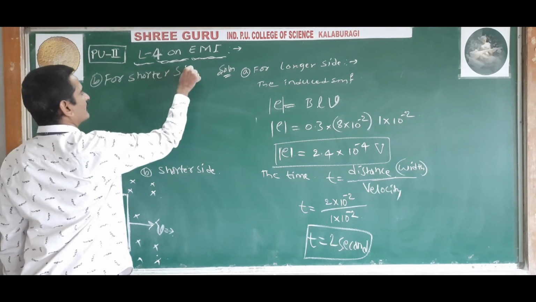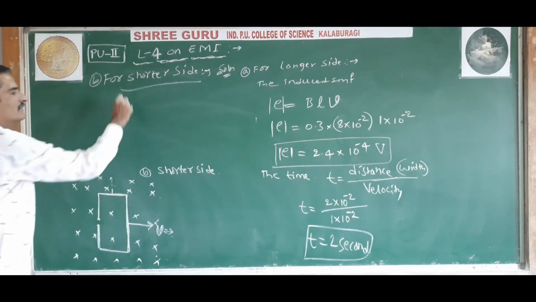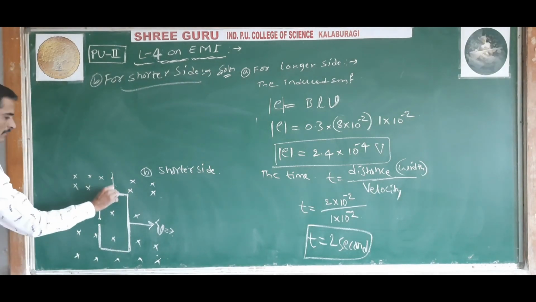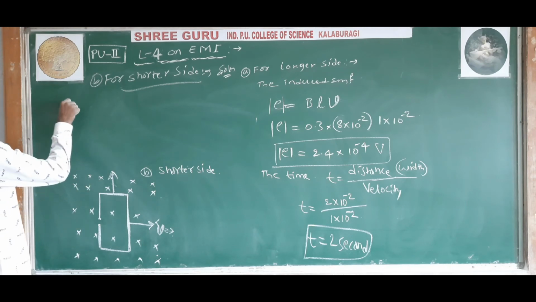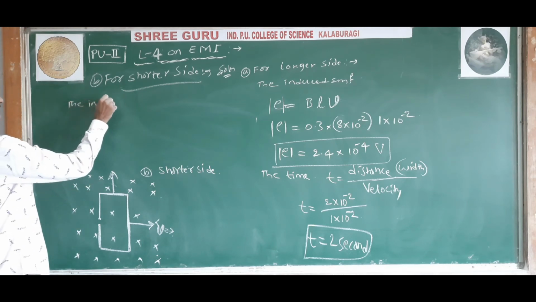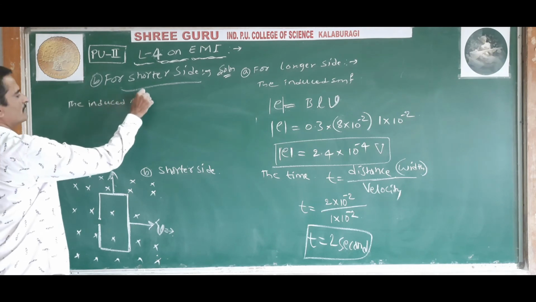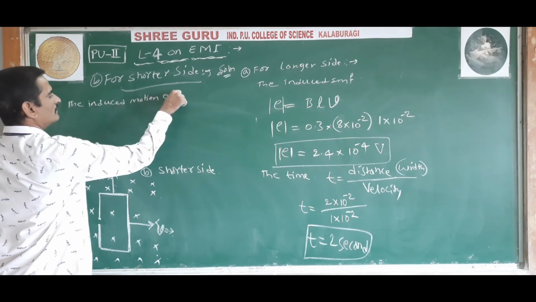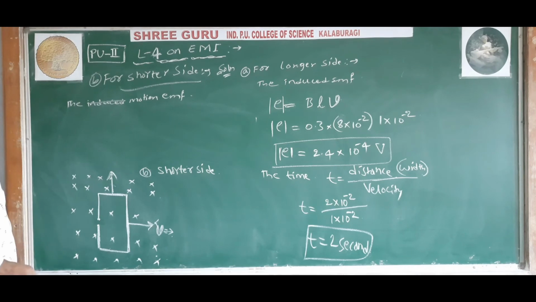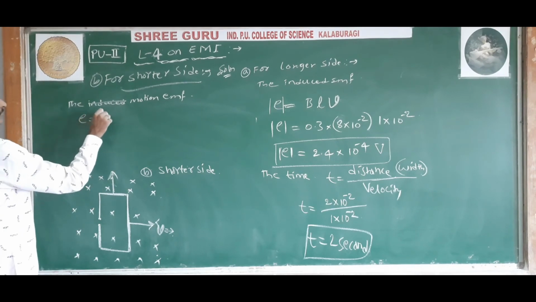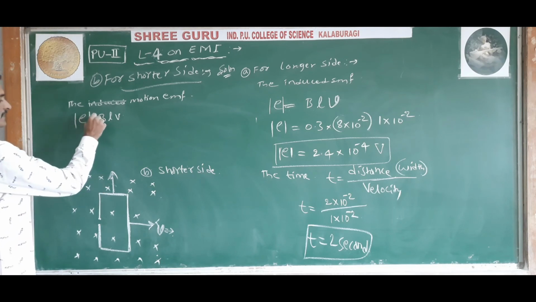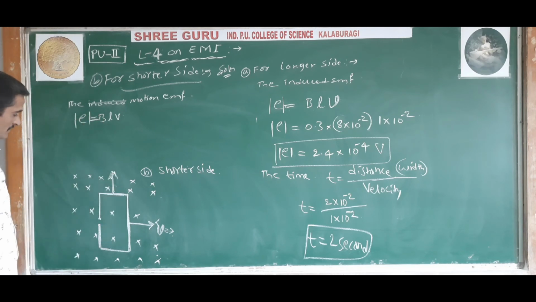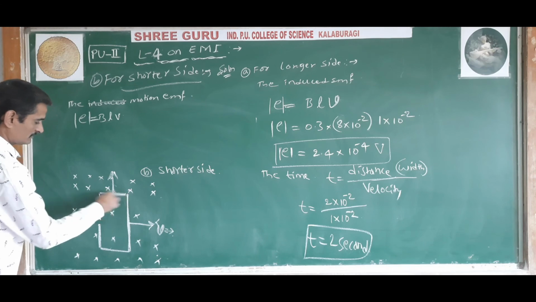When the velocity is normal to the shorter side, that is, velocity is like this, the motional EMF is given by E is equal to BLV, that is magnitude. Now the length we have to take is this one.